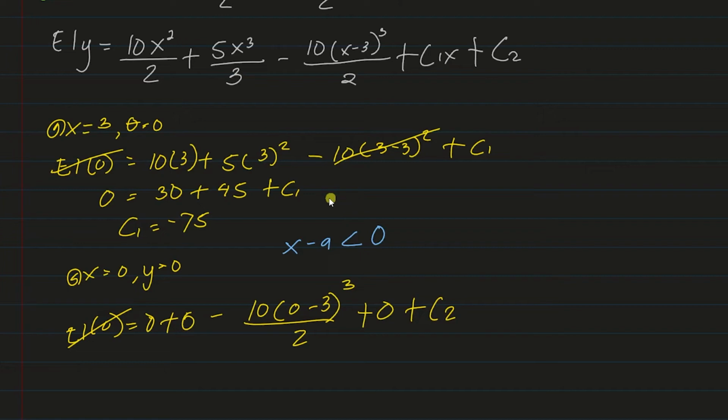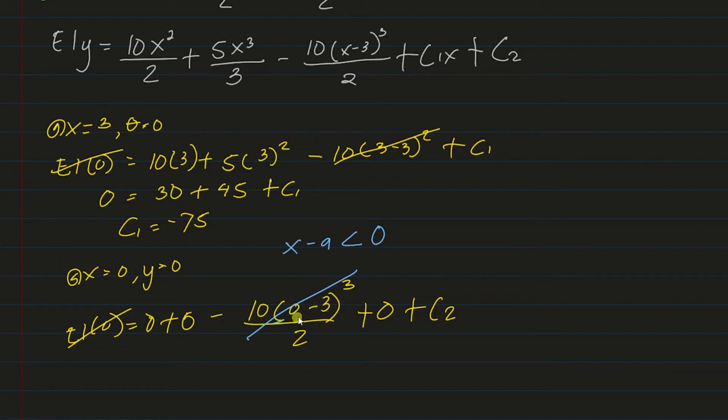So, itong double integration method, minsan tinatawag siyang Macaulay's method because of this additional information. So, always take note of that. If the term inside this parenthesis goes negative, don't include it. Cancel out that term because it will not give you a good answer. So, with that said, we will not include this. Pero kapag positive naman siya, let's say 6 minus 3, so it will give a positive number, then include that.